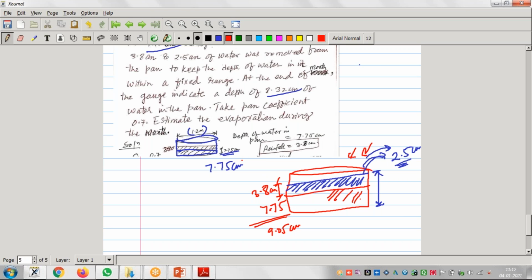So from 9.05 centimeter, 2.5 is removed. Means 9.05 centimeter minus 2.5 centimeter, that will be the remaining one, right? So how much remaining is? That is 8.32.